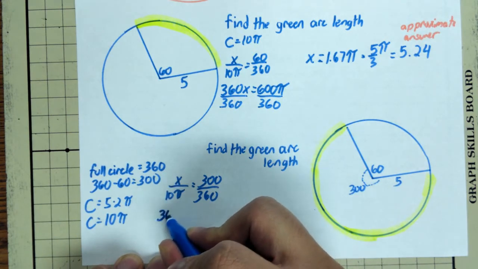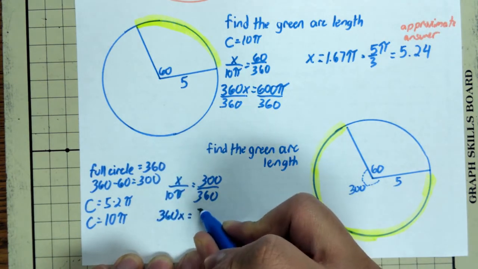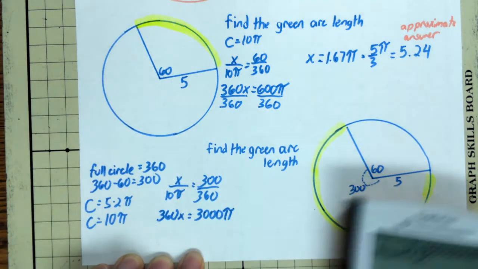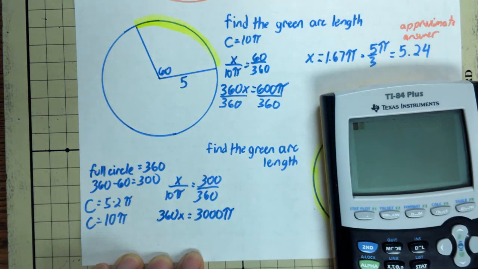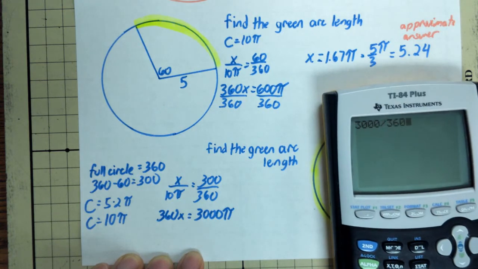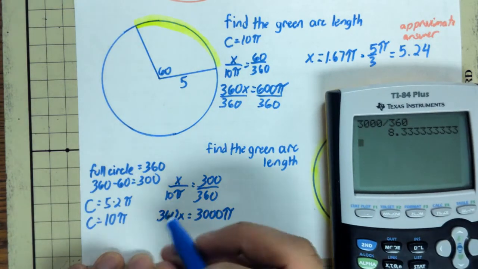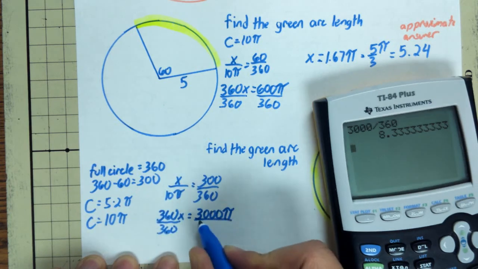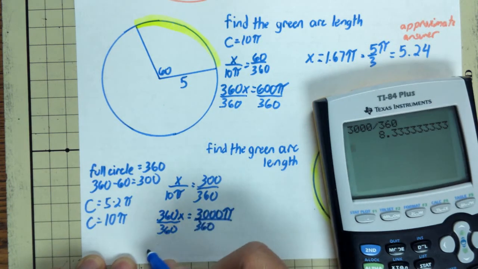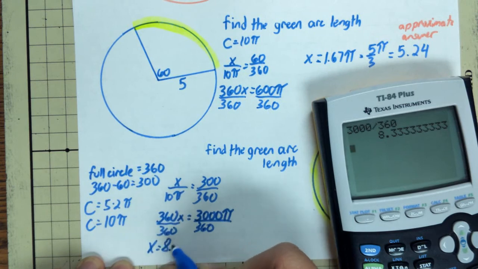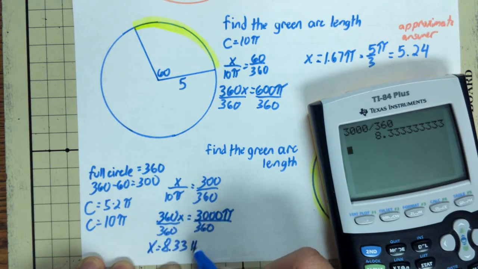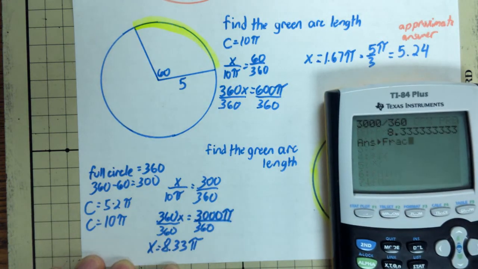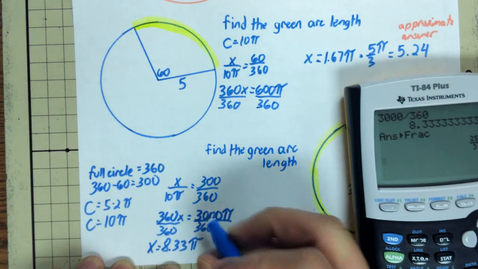We have 360x equals 3000 pi, cross multiply, and then we do 3000 divided by 360 to get 8.33. 8.33 as a fraction is 25/3.